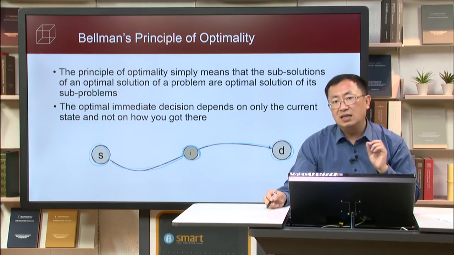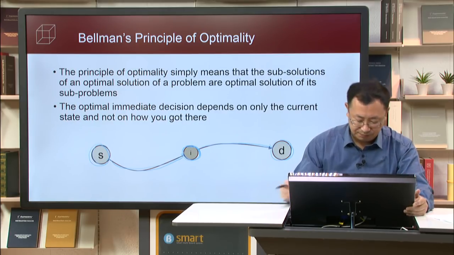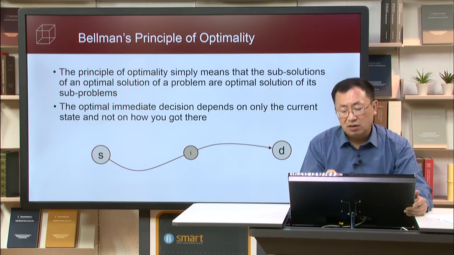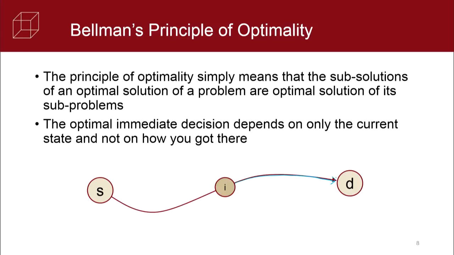Why? You can easily show it by contradiction. So for example, if this is not the shortest path from node I to node D, that means you can find an alternative path which is shorter than this, right?